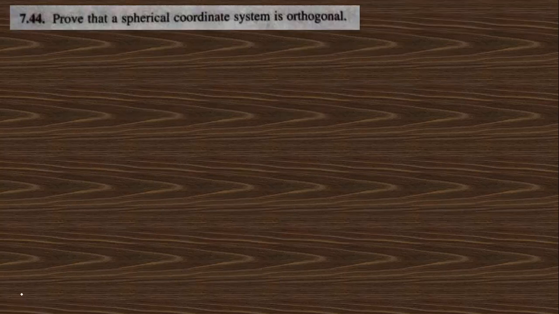That is 7.44. Prove the spherical coordinate system is orthogonal. So you know the value of E r cap, E theta cap and E phi cap from the previous solution. You just find out the dot products E r dot E theta, E theta dot E phi, and E phi dot E r.